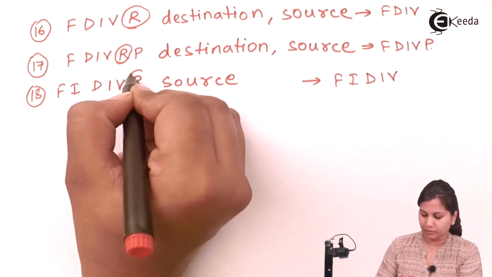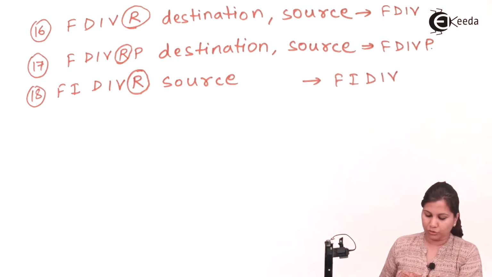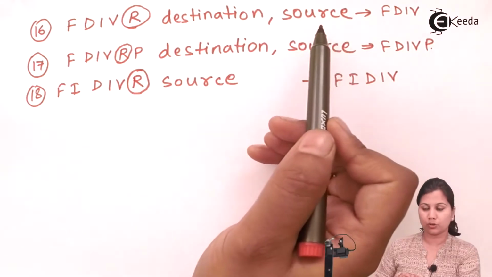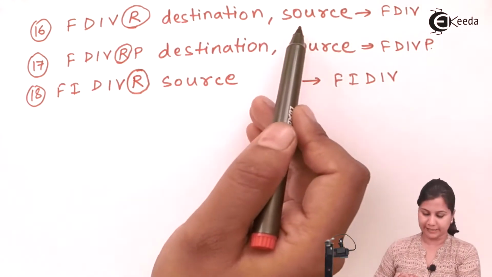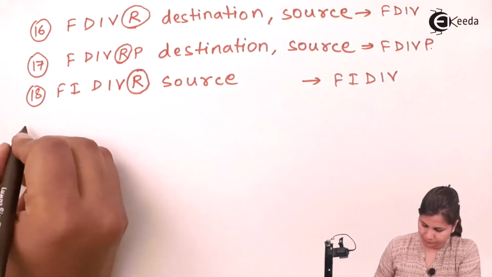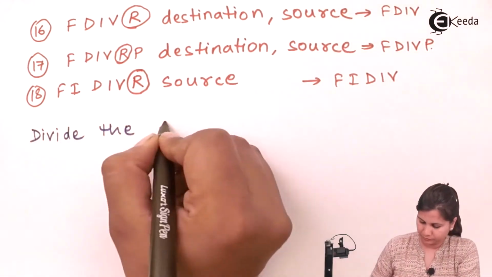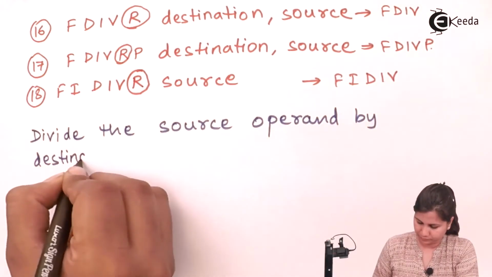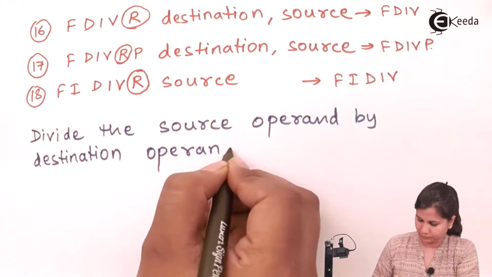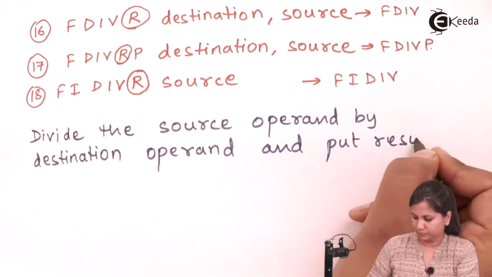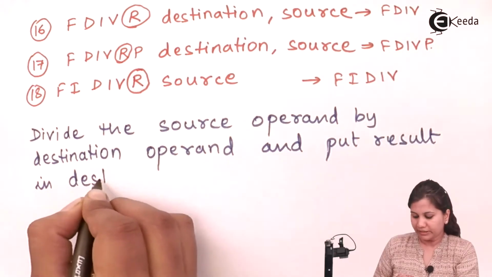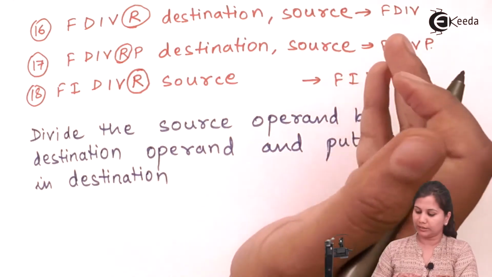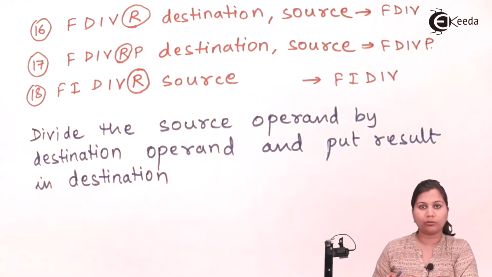Earlier the destination was divided by the source. Now the source is divided by the destination. There is only one difference between these instructions and their corresponding ones: the division process is now reversed.